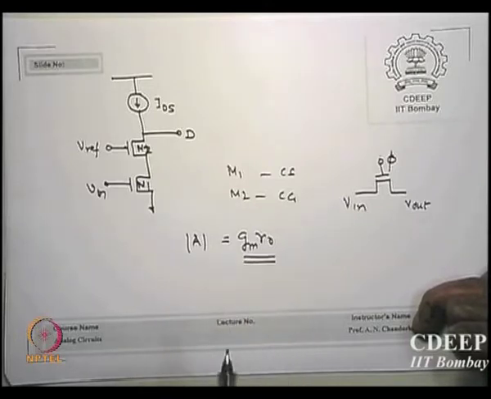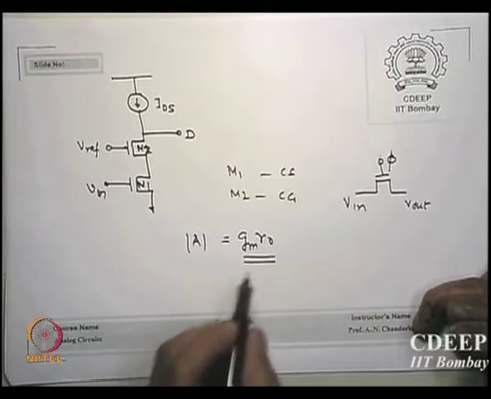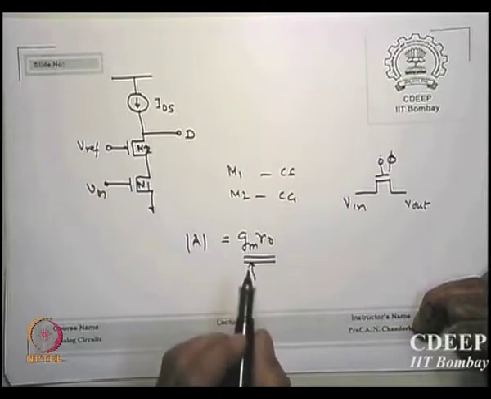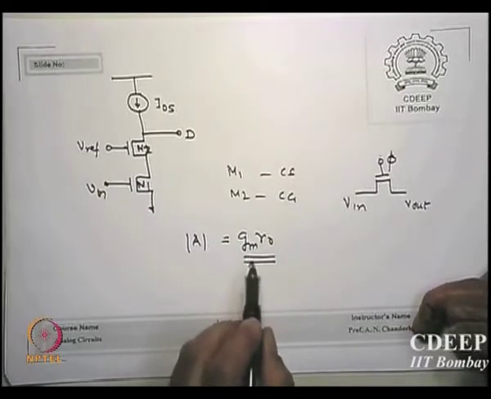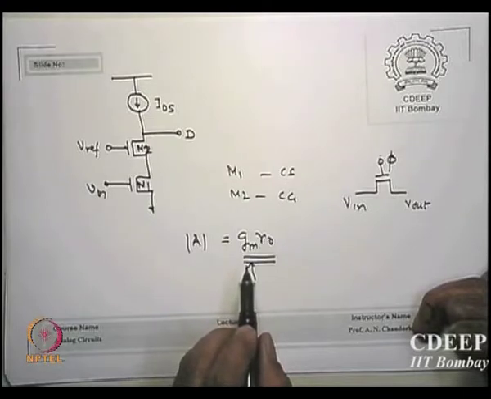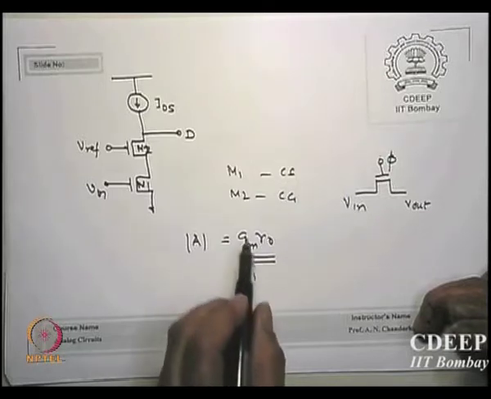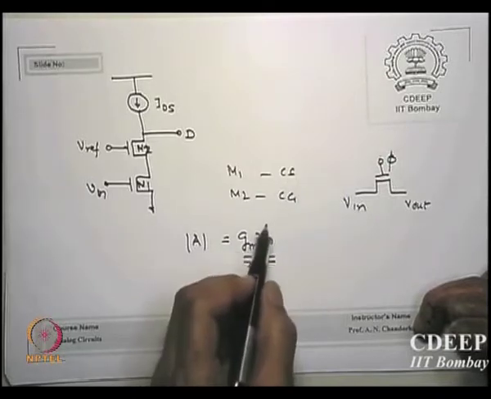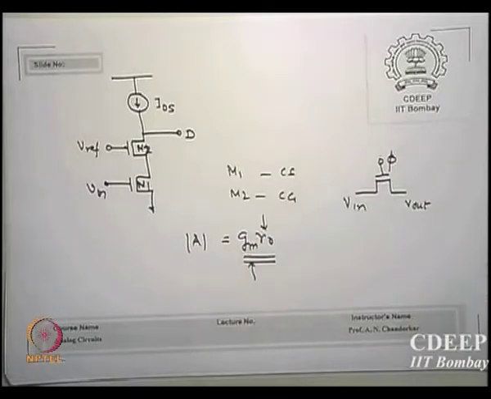I want to increase this. I can increase it by increasing sizes, but if I increase sizes, what will happen? Capacitance will go higher, so GM by C will not improve for me. Okay, so what I say is, I don't care about this, but can I boost R0? Please remember what I am trying.